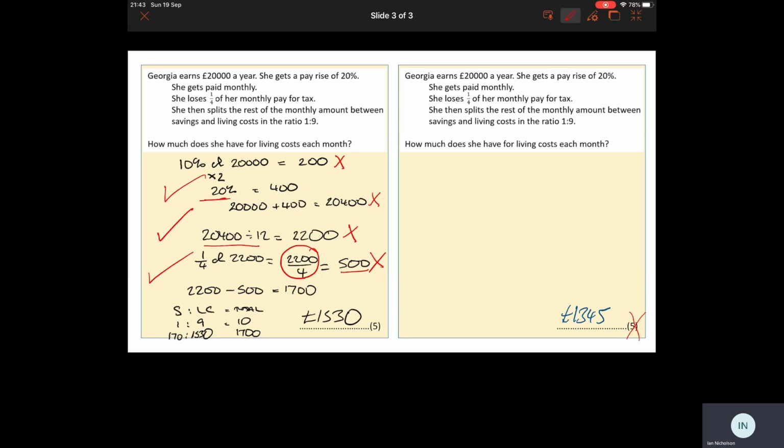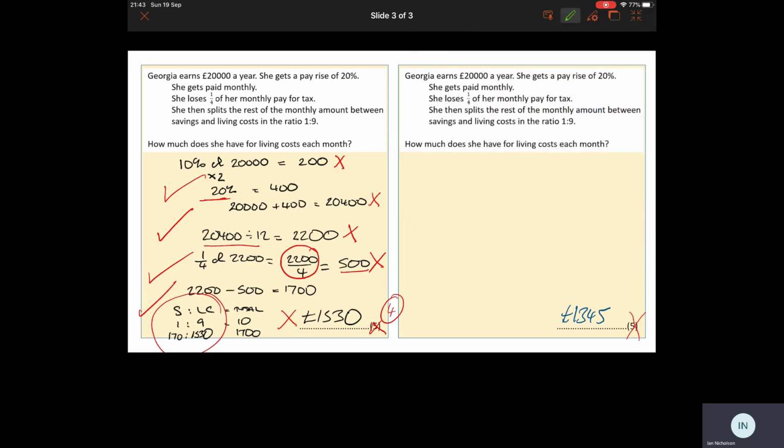They then split their amount into 1 to 9, which unfortunately again they're wrong, but they get the mark because they split the amounts in the ratio. So actually, that question would get 4 marks, even though every single sum they've done is wrong. But there's clear working out and there's clear intention.